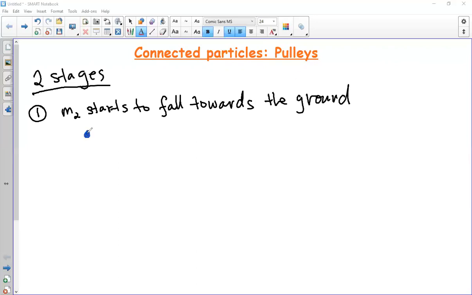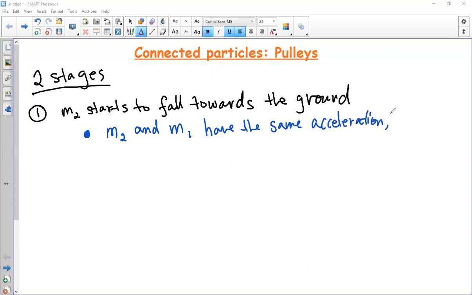Firstly, our M2 and M1 will have the same acceleration, but in different directions.